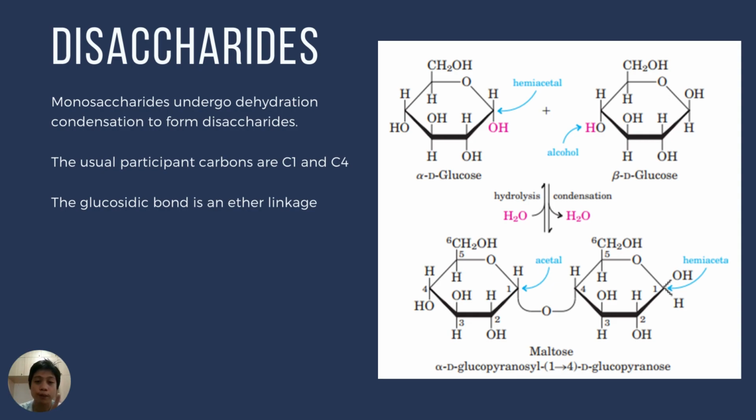Glucose, carbon number 1, you remove the hydroxyl there and combine it with the oxygen of sugar number 2 at carbon number 4. You remove the hydrogen and connect the two using a central oxygen. So hydroxyl plus hydrogen, that's H2O.